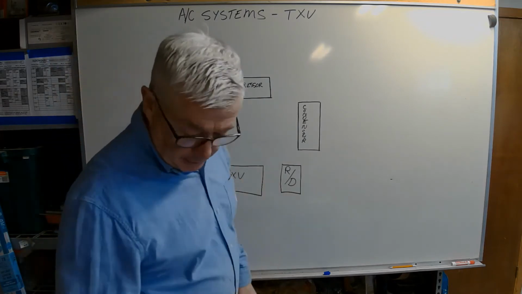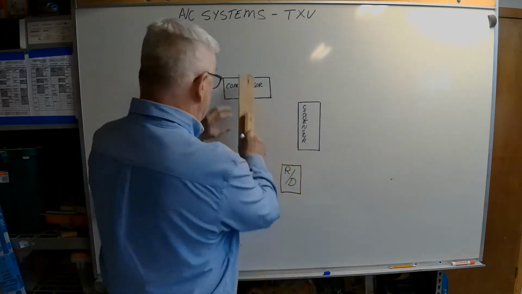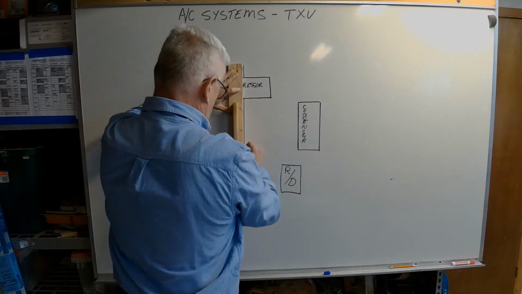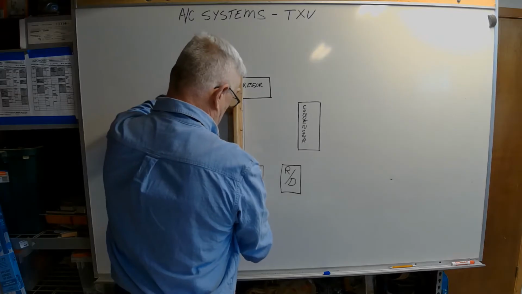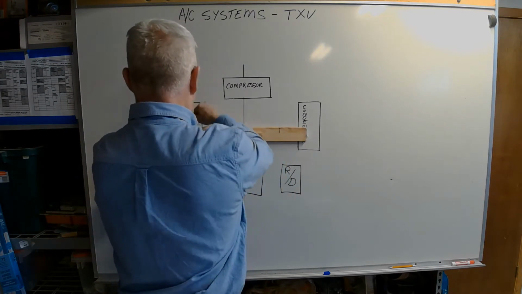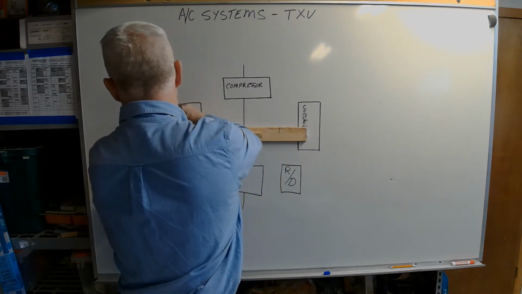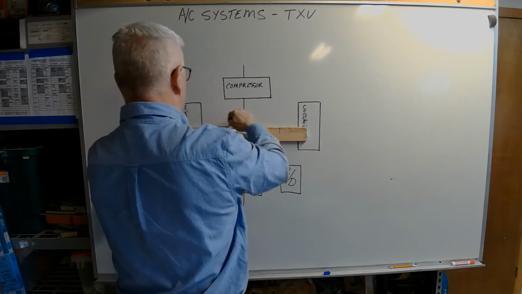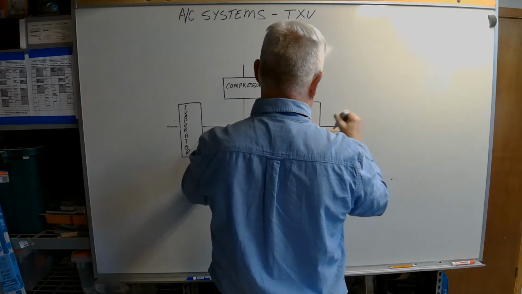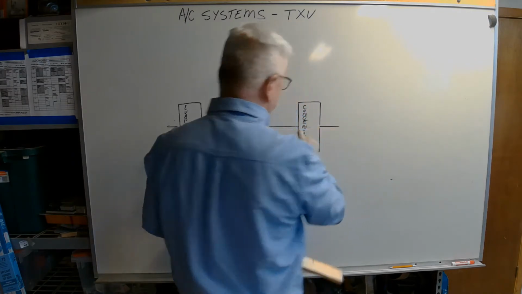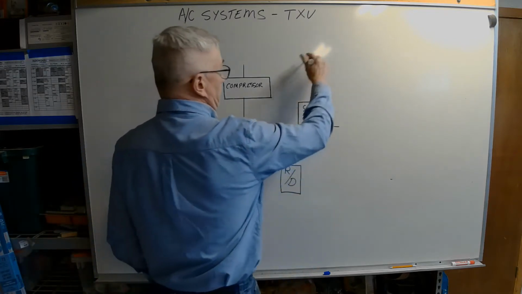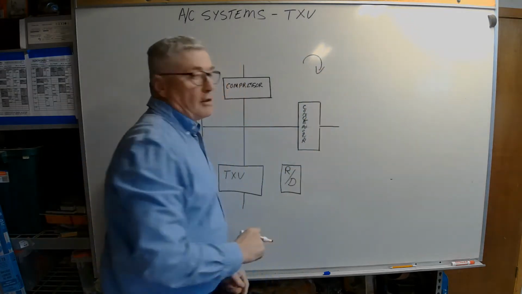Okay, first thing we're going to do is divide this into quadrants. All right, and we're going to split it through there. All right. So in this quadrant, our refrigerant is moving clockwise.